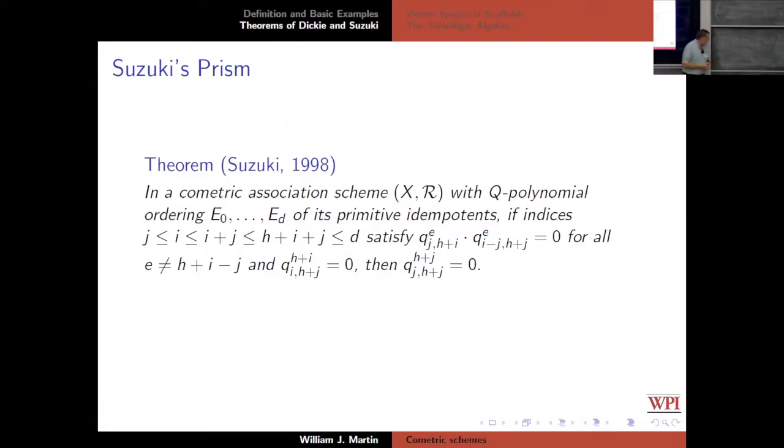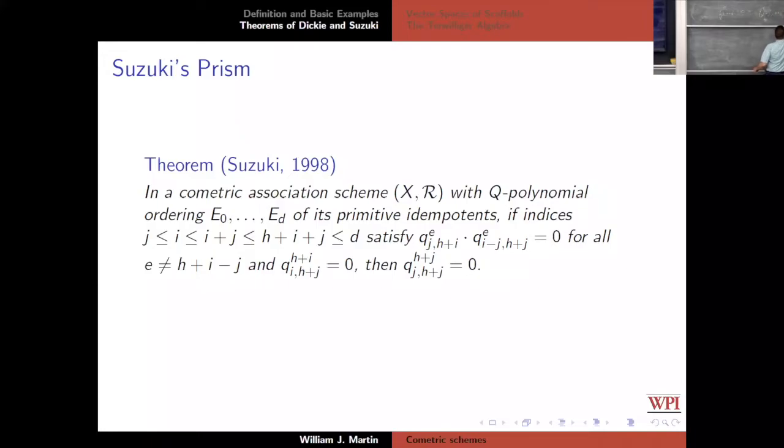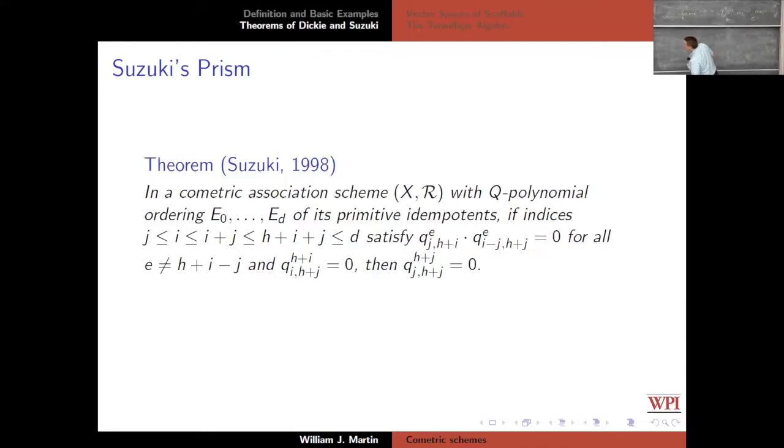Let me write that down because you're going to see me use it. Q J H plus I, whoops, is 0, or Q I minus J H plus J E is 0, except for E equal to H plus I minus J. So we're going to assume that.